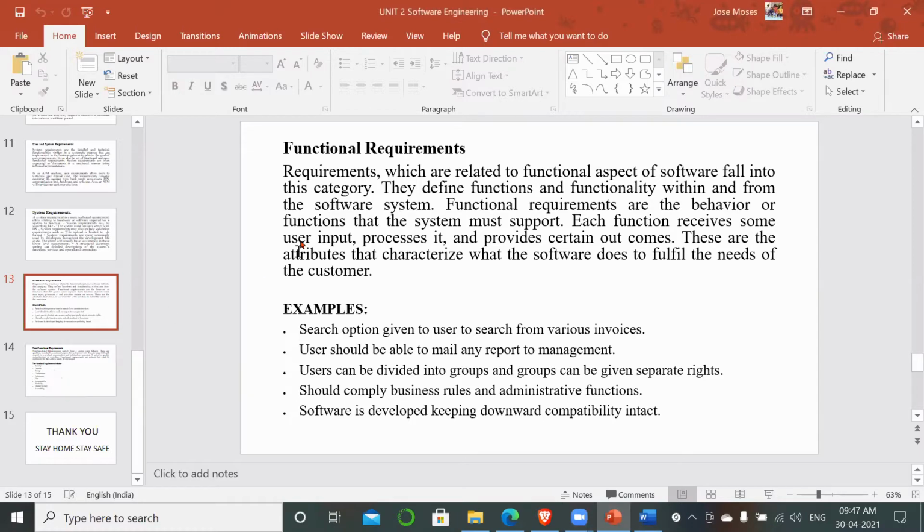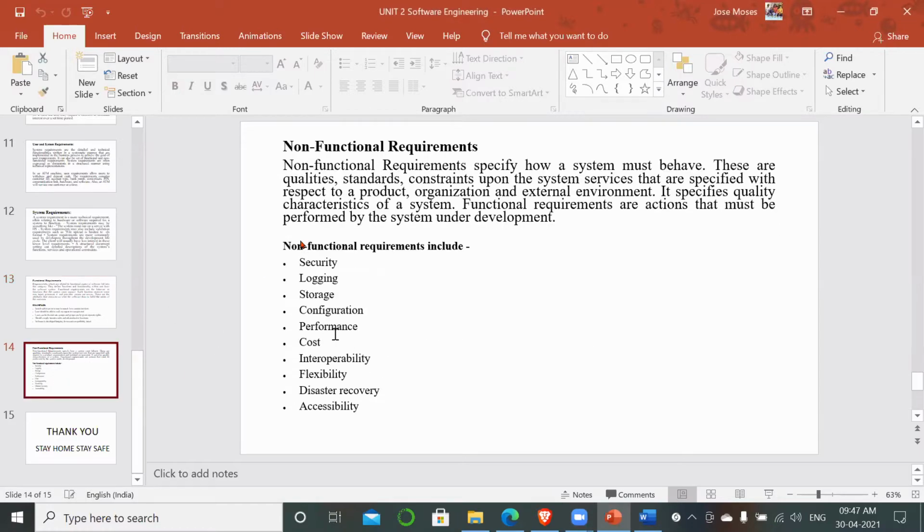What is meant by non-functional requirements? Non-functional requirements specify how a system behaves. These may be qualities, standards, and other aspects which refer to a particular product or an organization. So it basically deals with the quality characteristics.